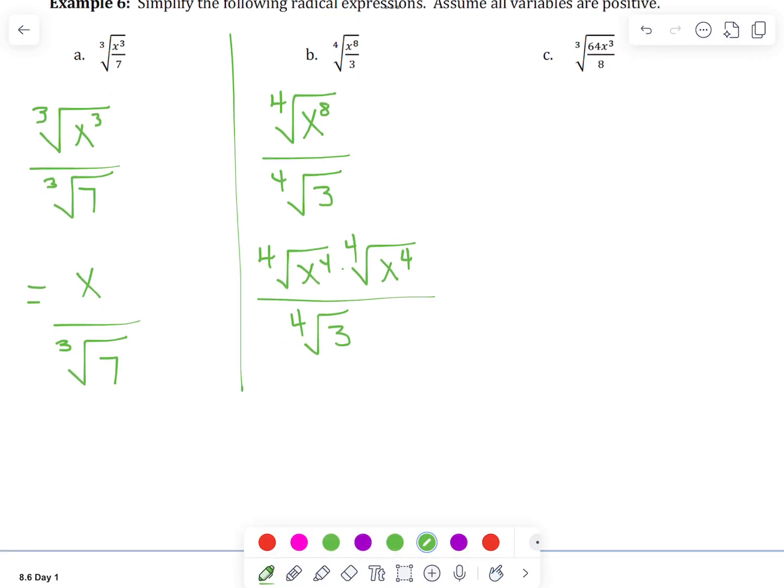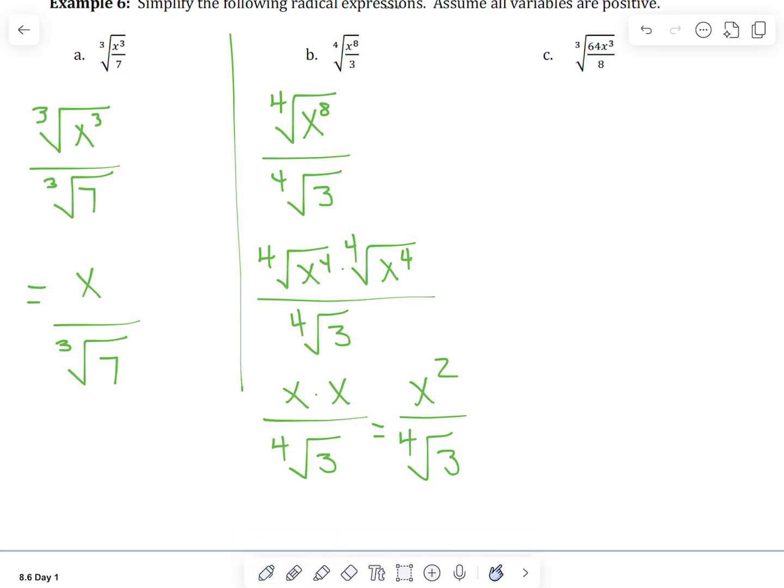And then in the numerator, that simplifies to an x times an x over 4th root of 3, or x squared over 4th root of 3. And we should probably put a plus or minus here because that's an even index.